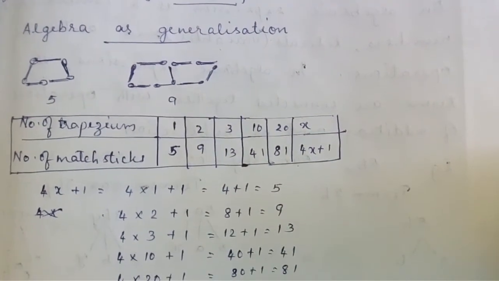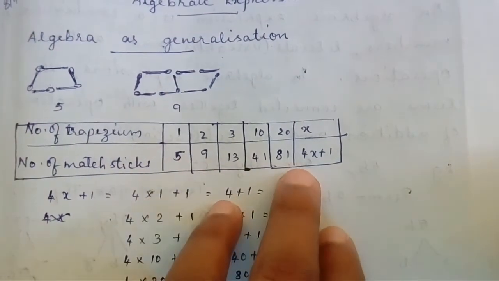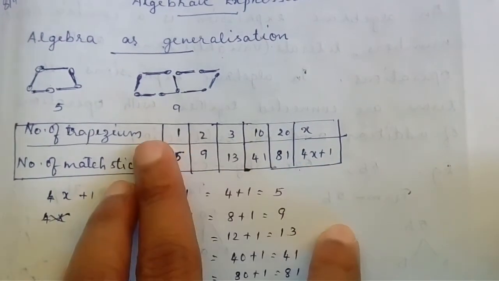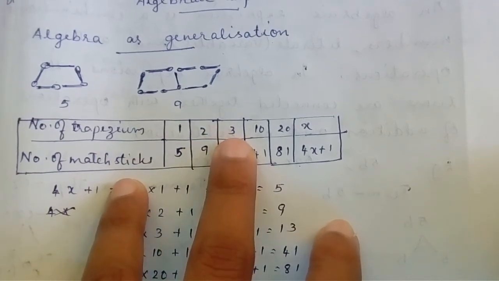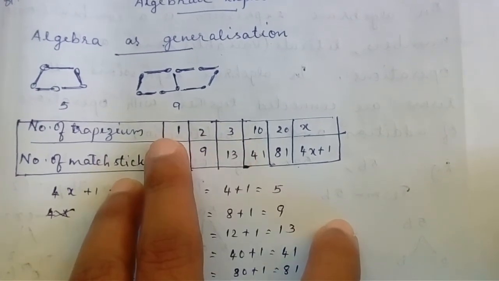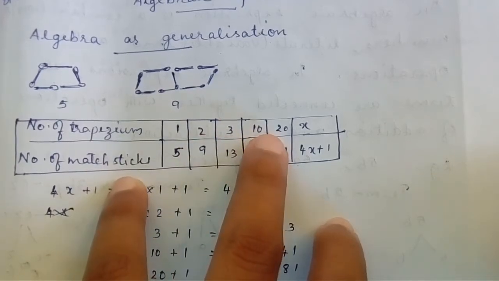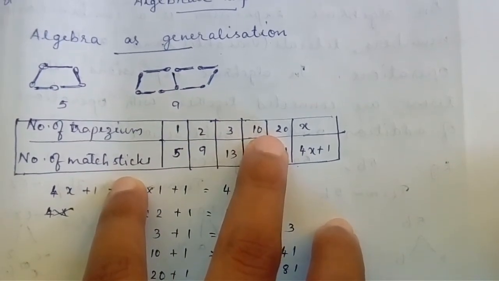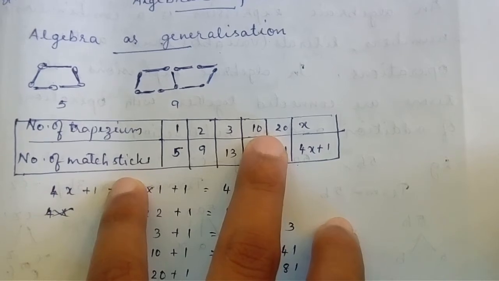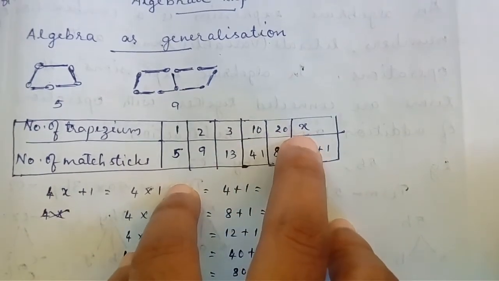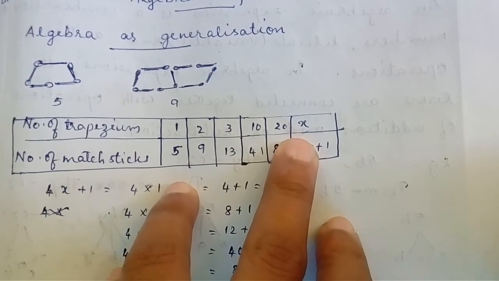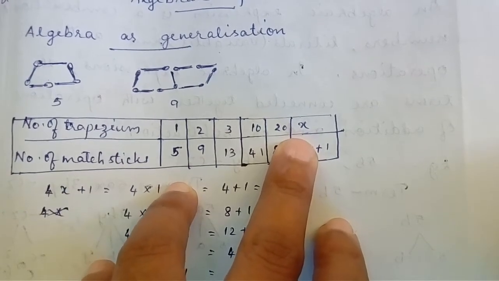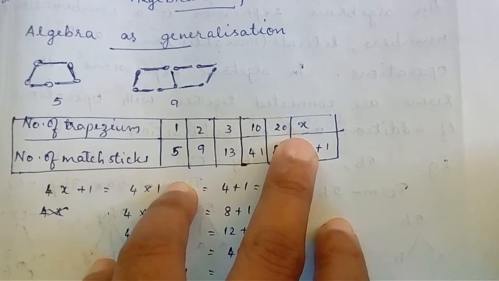Okay, so from this table we are getting one generalization. Here you can see the number of trapeziums is varying: 1, 2, 3, then 4, 5, etc. We can select any number of trapeziums, so that number is considered as x. X is an English alphabet letter, a small letter.